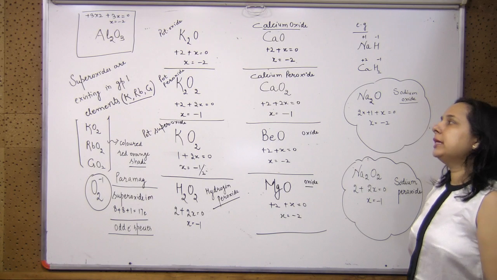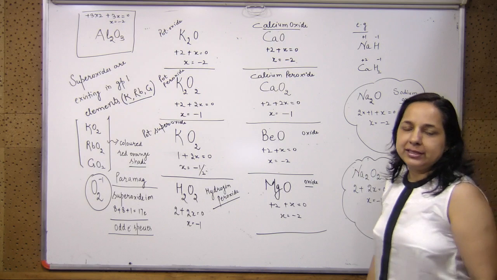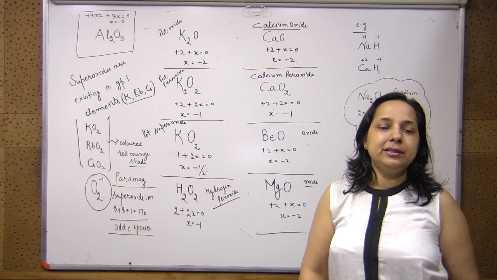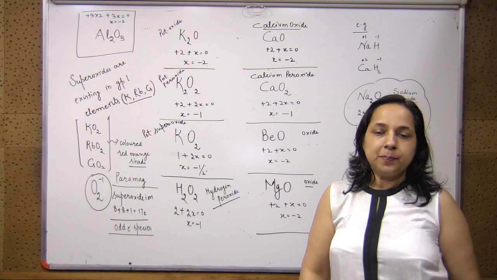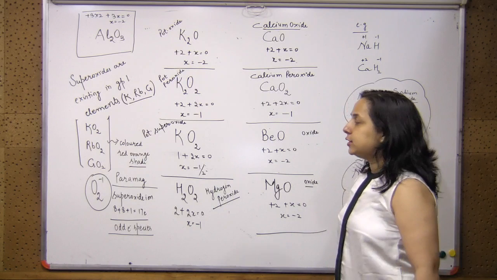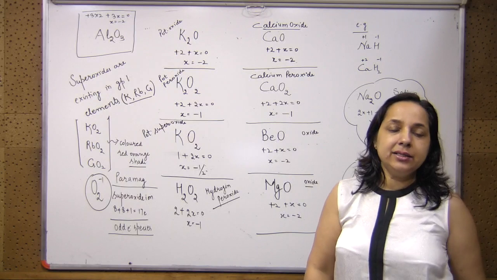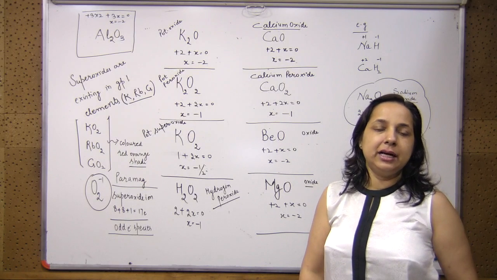Only 3 superoxides are known to you, and this question was there in your competitive exams. The question was, out of the following, identify the colored species or paramagnetic species. This question has KO2 written in it, and KO2 is paramagnetic, that is a superoxide. The answer was KO2.